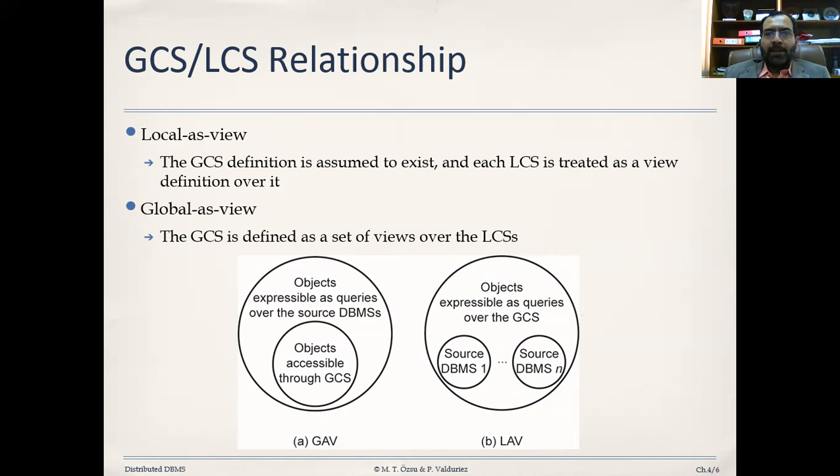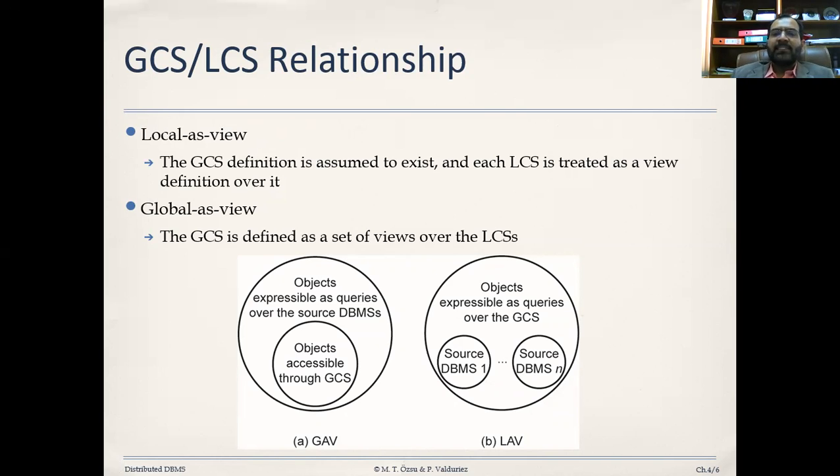Or you can say it gives you the partial data, which is the representation in LCS in the form of the view. So in local as view, the GCS definition is assumed to exist. That is important. So we believe first that the GCS definition is there.